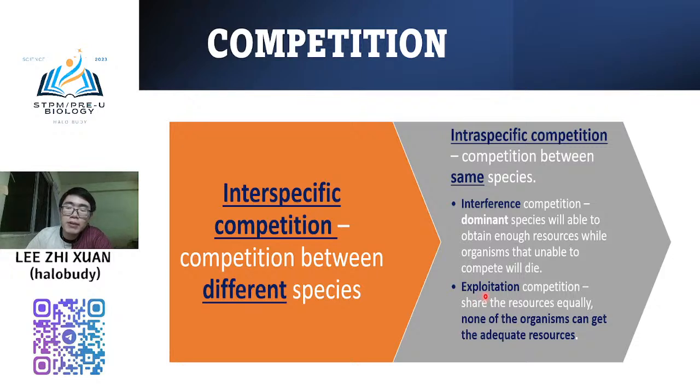And then another one is exploitation competition. Normally this one is the ideal one, meaning that they share the resources. We share, I will not take everything. This way, they ensure that organisms can survive, everyone can survive very smoothly.